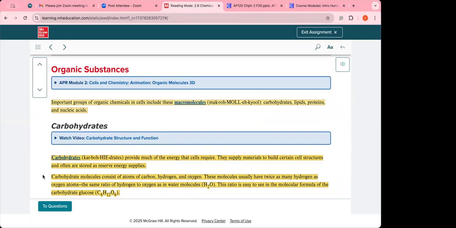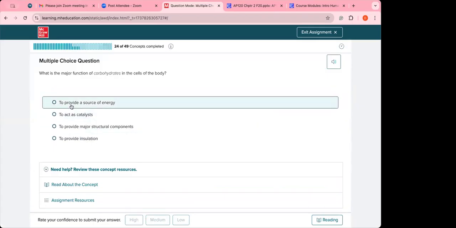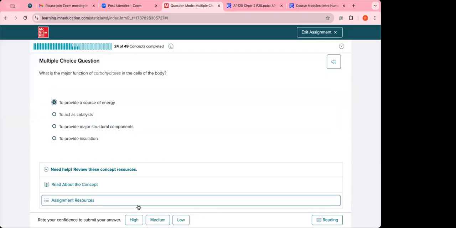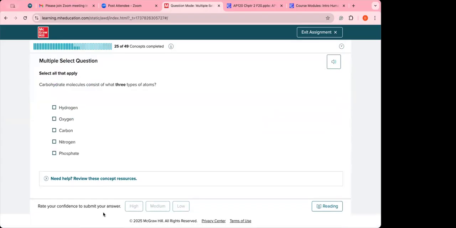So carbohydrates provide energy sources. That's what carbohydrates are for, is energy. So the major function of carbohydrates is to provide an energy source. Good. Carbohydrate molecules consist, okay, we just read it a minute ago. Carbohydrate molecules consist of what three types of atoms?